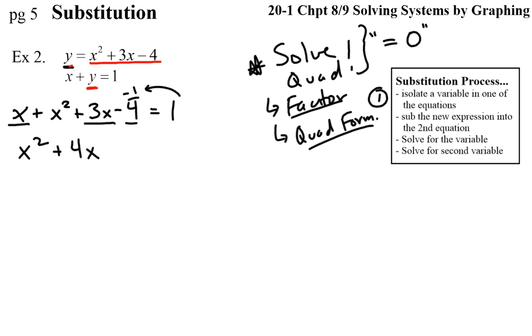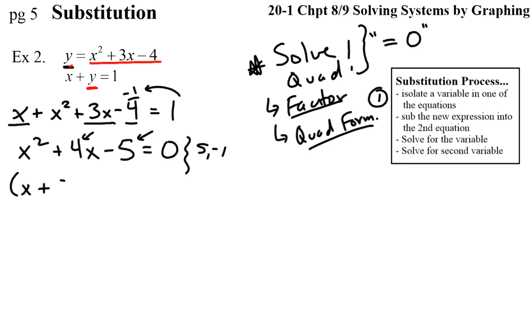Negative 4 and a negative 1 is a negative 5. That equals 0. Well, at this point, I'm really hoping you're looking at that saying, oh, factoring's a breeze here. Because in order to factor, multiply to negative 5, add to 4. The combination would be positive 5, negative 1. It multiplies to negative 5, adds to positive 4.